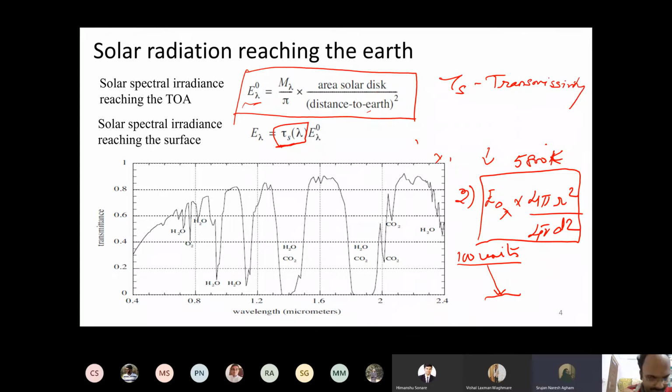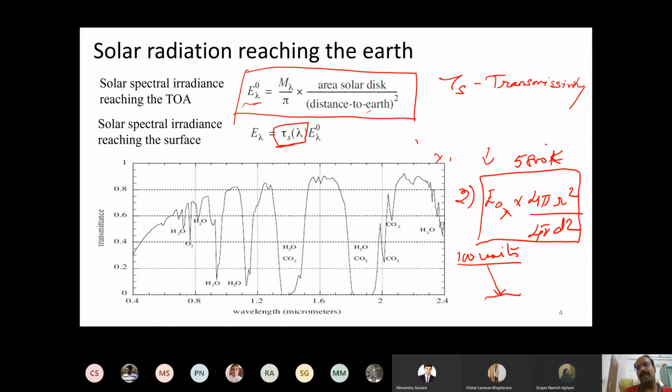Excuse me, sir. Yes, please. In the first formula, should there be a 4 pi instead of just pi? No. There they have basically considered it as a one-dimensional problem. They have treated the sun also, rather than taking 4 pi as a sphere, as a circle, like a solar disk and Earth. The distance also you can consider as a disk.